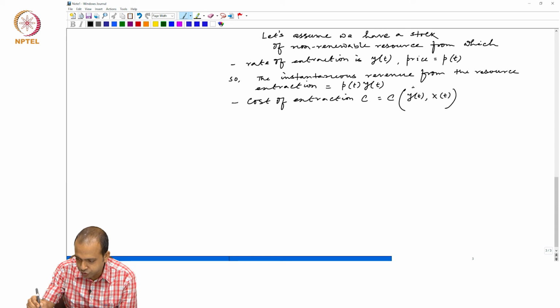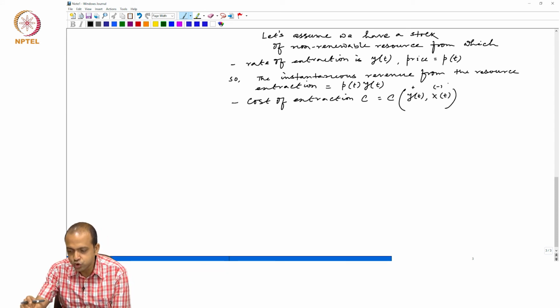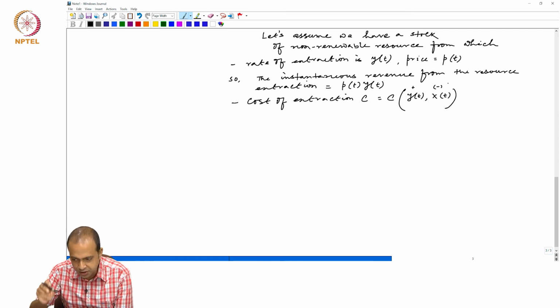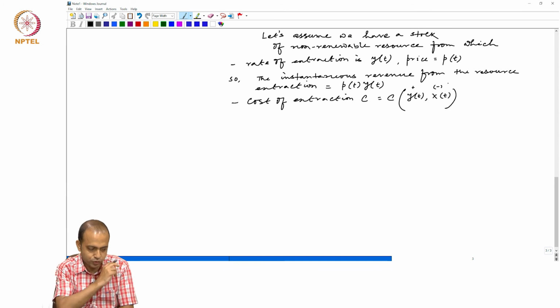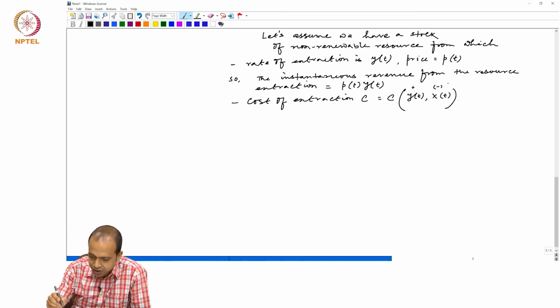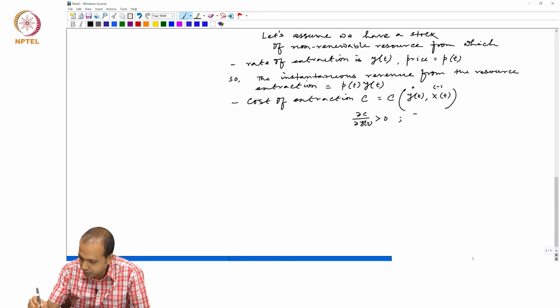If you have more stock, cost of extraction is less. If rate of extraction is more, then cost is more. So, we assume that del C del YT is positive and del C del XT is negative.